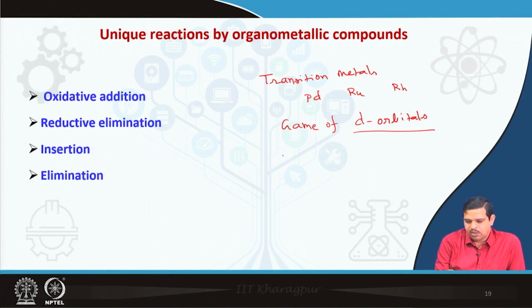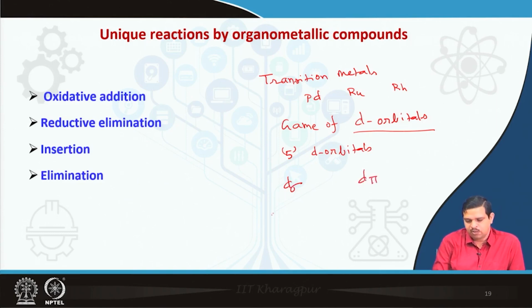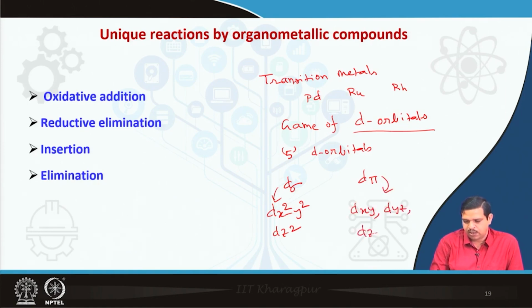You know that there are 5 d orbitals, which can be subcategorized depending on the symmetry: one is the d sigma and one is the d pi. The d sigma is d x square minus y square and d z square, and the d pi is d x y, d y z and d z x.